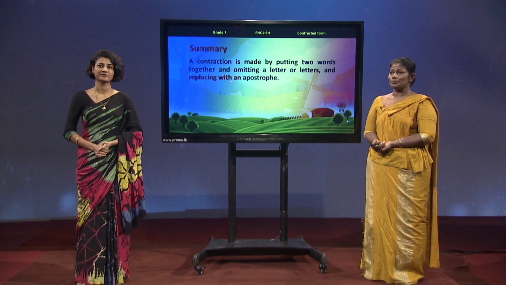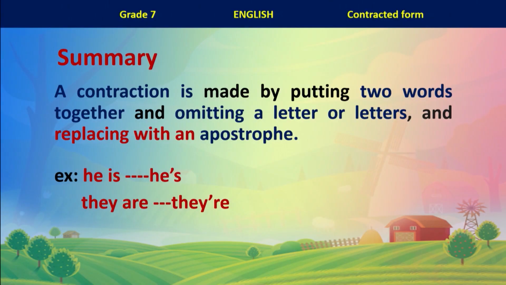A contraction is made by putting two words together and omitting a letter or letters and replacing with an apostrophe. These are the examples. He is, he's. They are, they're. So children, I hope that you can use contractions when you speak and when you write, and when you read also you may find many contractions.